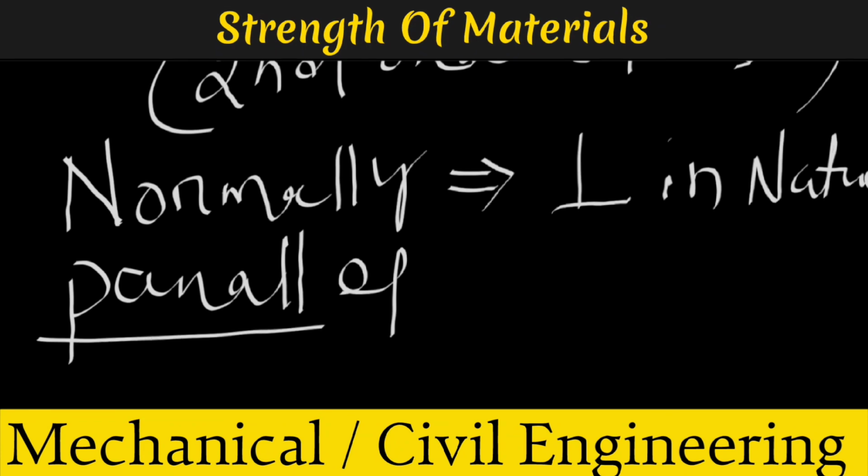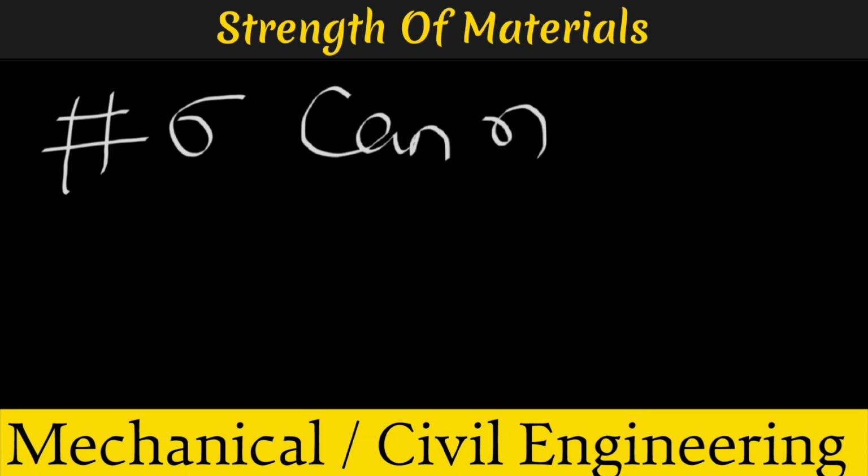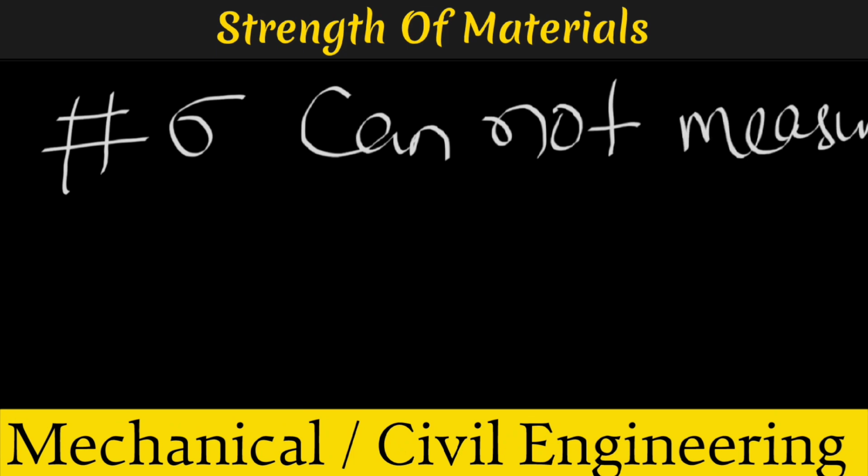And parallel force is parallel in nature. Okay, so next is stress sigma cannot be measured. If you are asked, sir, stress has a formula, sigma equals force applied to the cross sectional area, so how can you say it cannot be measured?